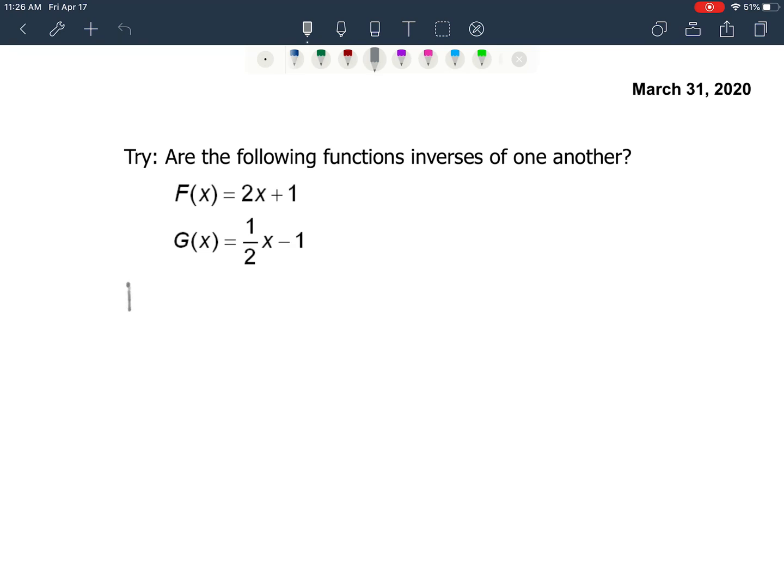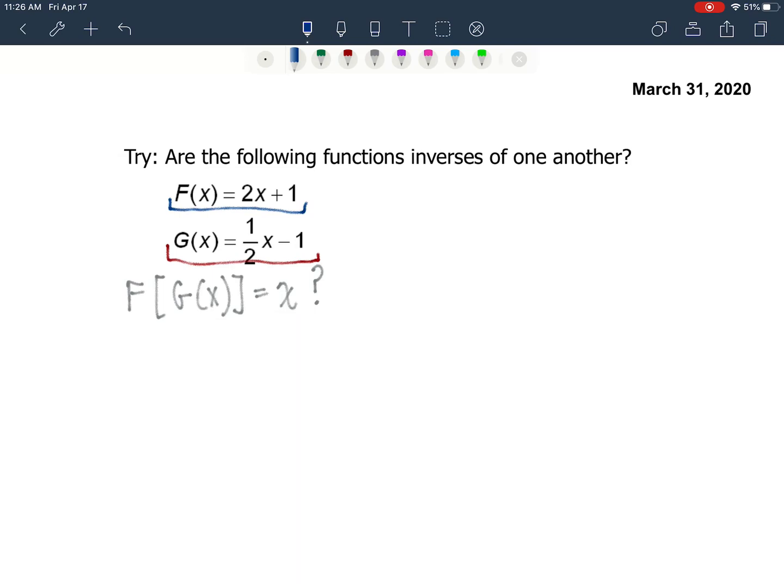So I'm going to find if f of g of x is equal to x. My f of x is going to be in blue, my g of x, I'll make that in red.